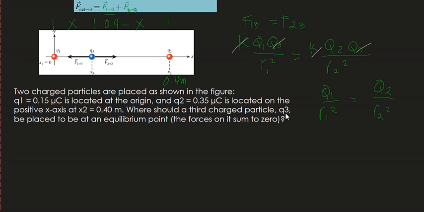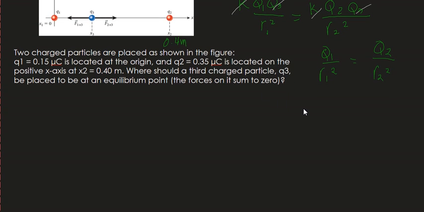So we will substitute natin ang atong mga values. Q1 natin is equal to 0.15 microcoulomb all over R1 squared, which is x squared, is equal to Q2 natin, which is 0.35 microcoulomb divided by R2 squared, which is equal to 0.4 minus x squared.